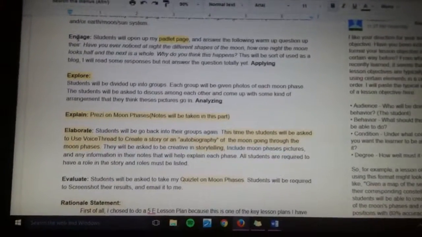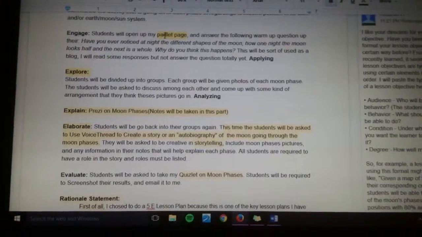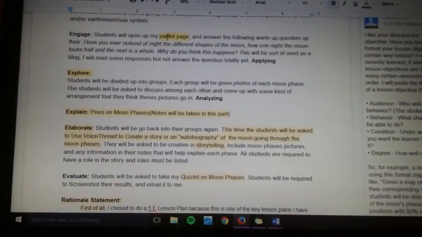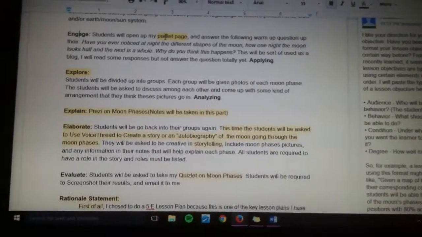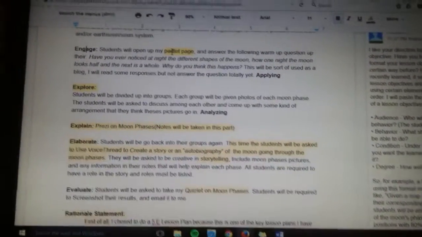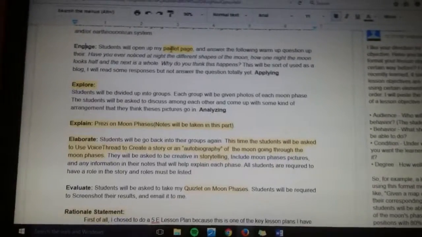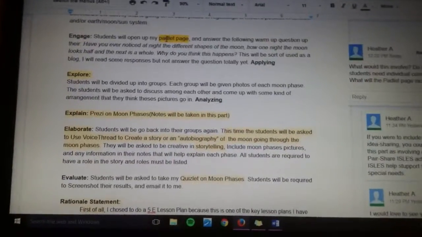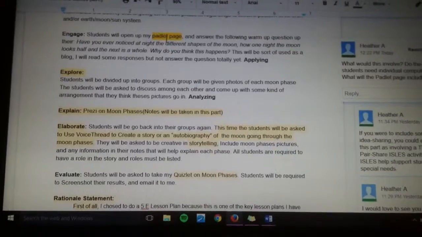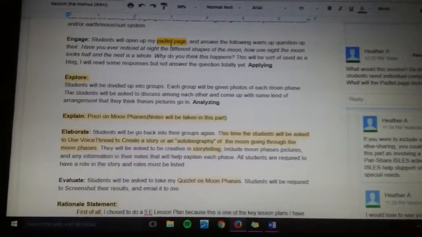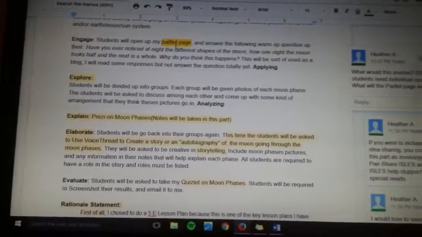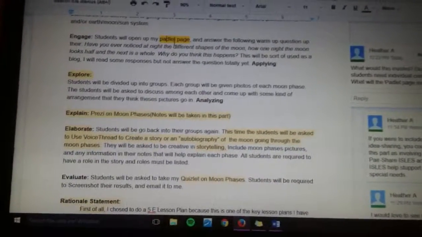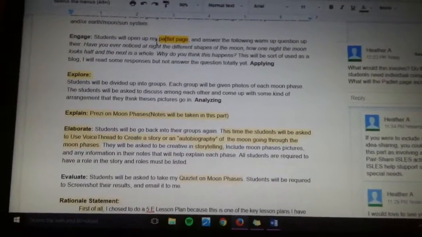Also, in reference to the engaging part of the lesson, I think it's really great. It gets students thinking about what the phases of the moon are and how they work. So, what I commented on in regards to the Padlet page was really, what would the Padlet page involve? In your rationale, you include how you would format the Padlet page, and I think that this would be a really good place to incorporate some of that.